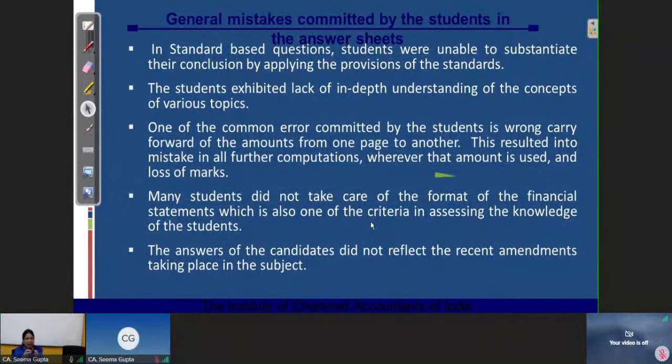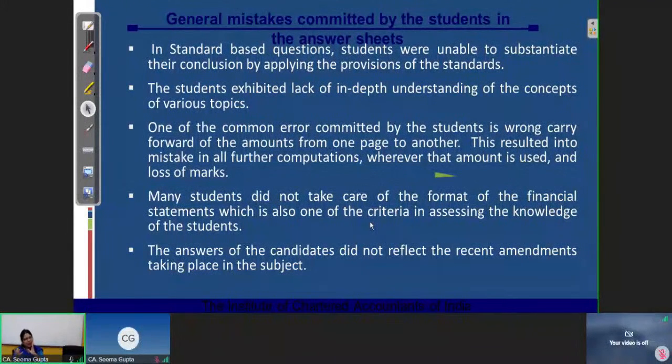You have to take extra care of the format, because it's one of the important criteria for assessing the knowledge of the student. If you have shown PPE under some other head, then definitely you will not get marks. Or if you have shown plant and machinery under intangible, or intangible under PPE, then again it will be a problem.